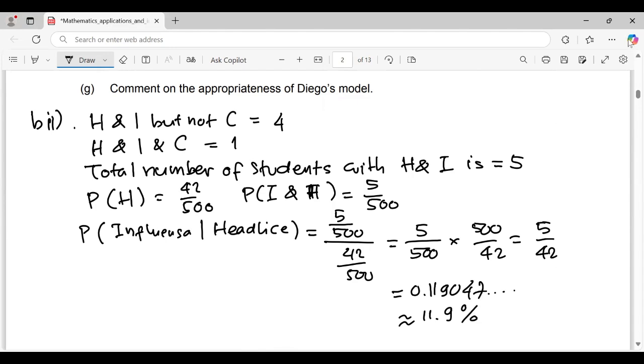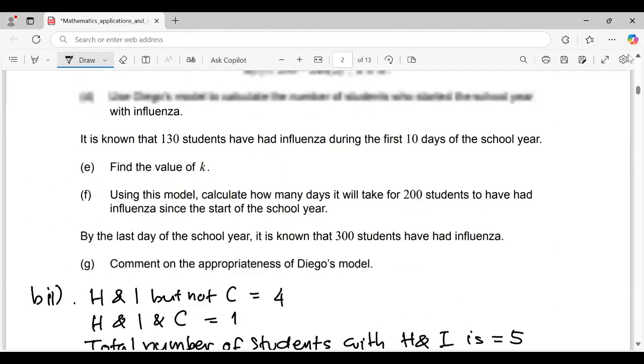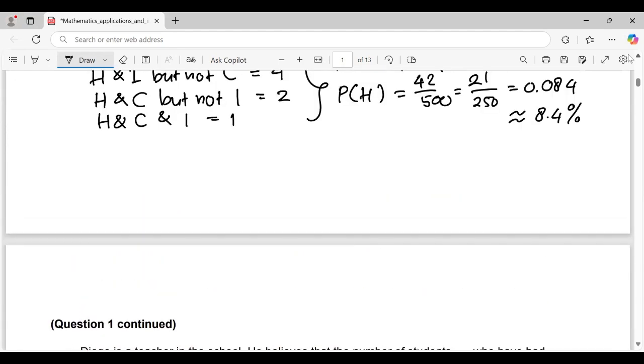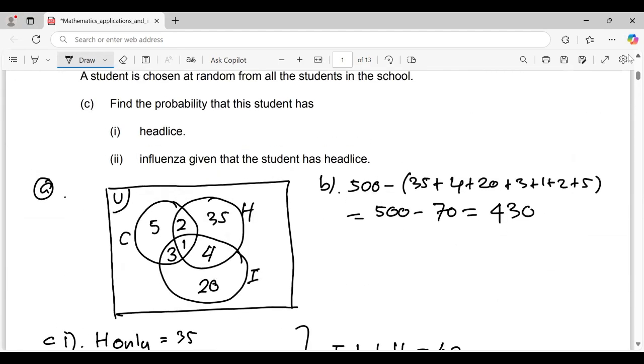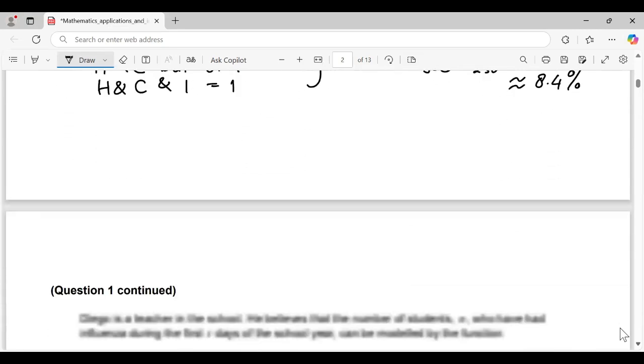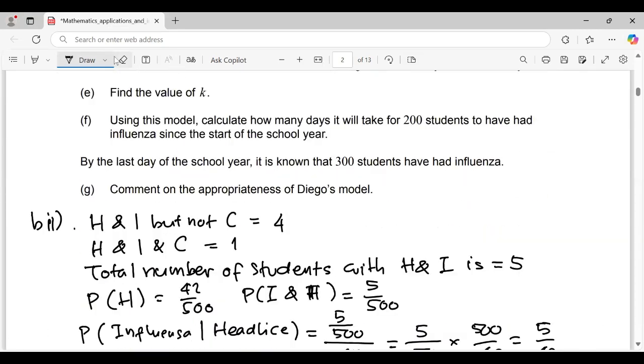That one. What else? C, or this is C, not B, sorry. This is supposed to be C part 2.